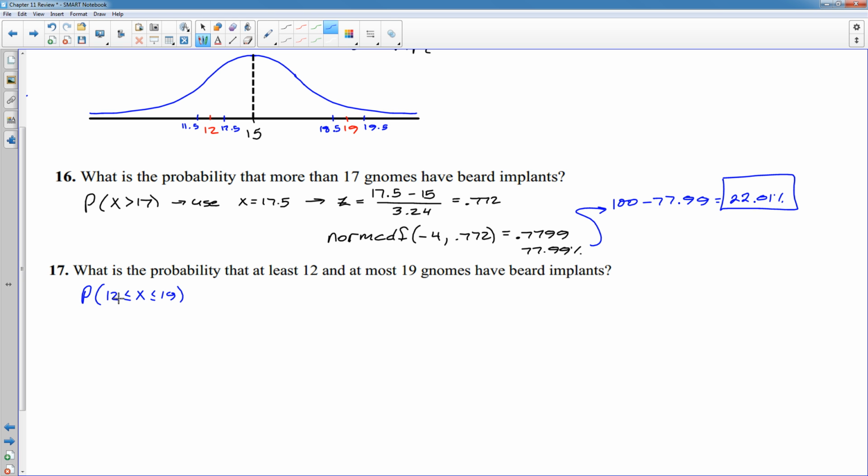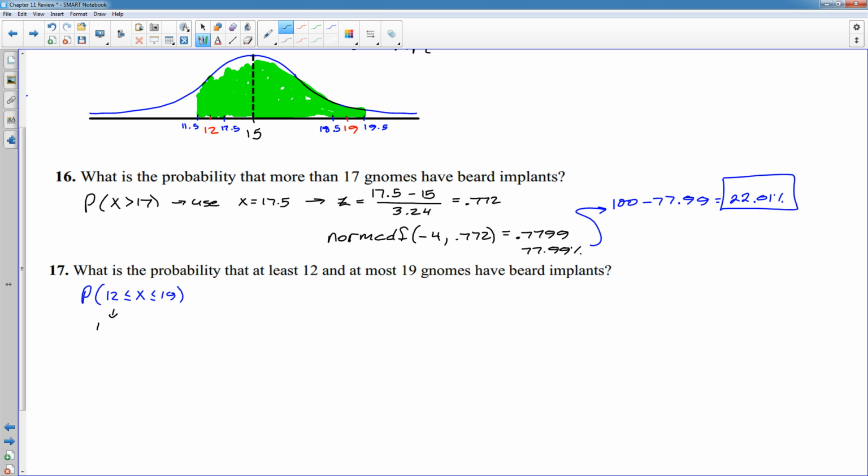So the probability from 12 to 19, and we do want to include it. So if I want to include 12 and 19, then I need to choose 11.5. I'm going to do the area from 11.5, because then I will include the 12 all the way over to 19.5, because if I go to 19.5, that will include the 19. So we're going to go from 11.5 to 19.5.